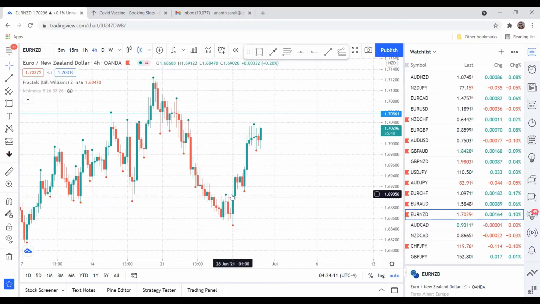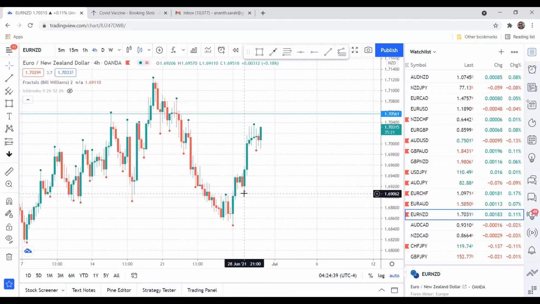You can either wait for the breakout and retest, but I would say you should just go with the breakout here and take this trade with the stop loss here and just trail it below the next fractal. So now your entry, it will be break even here.